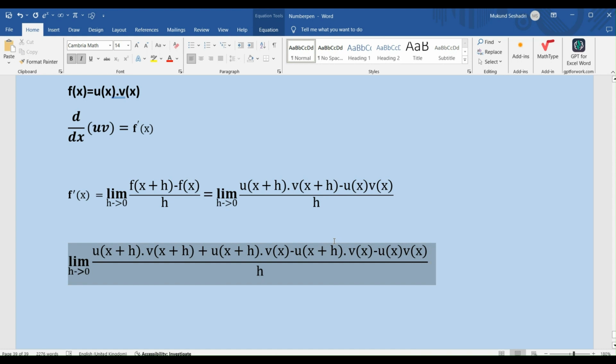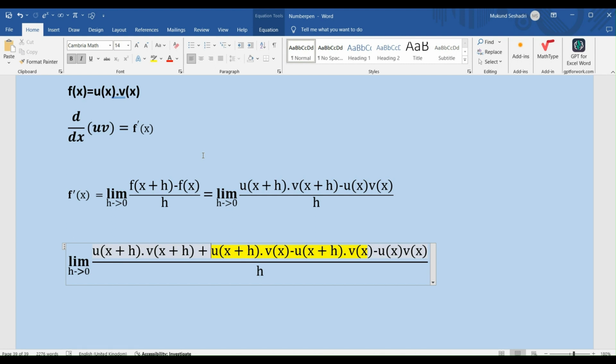I've added this new expression and I'm going to highlight this in yellow here. And what is that expression all about? The expression is u of x plus h into v of x, right? Minus u of x plus h into v of x, right? So it doesn't change the expression. All that I've done is added and subtracted the same expression in the numerator, which is my u of x plus h into v of x.